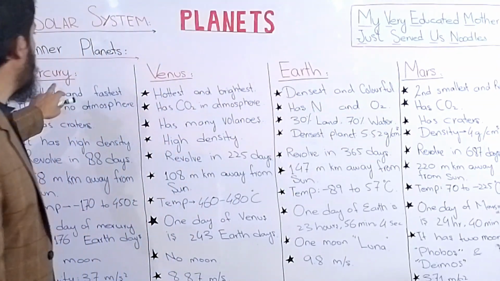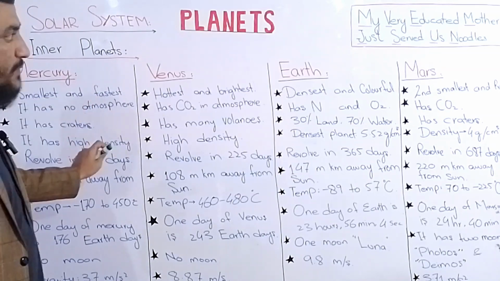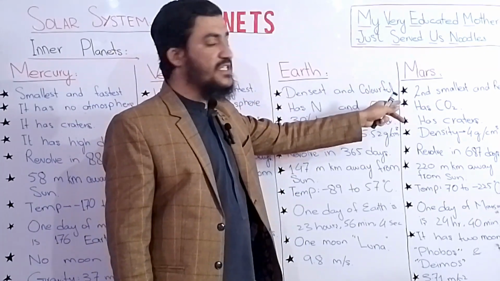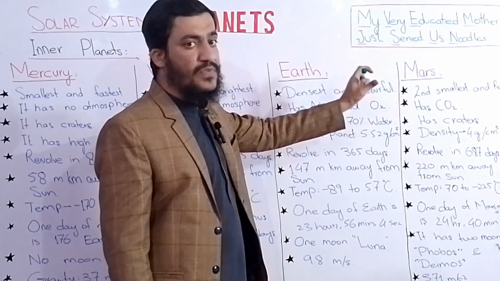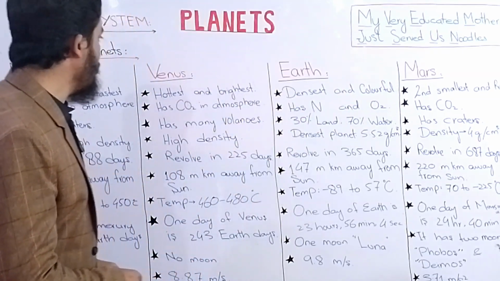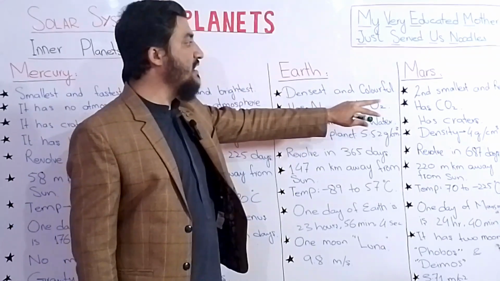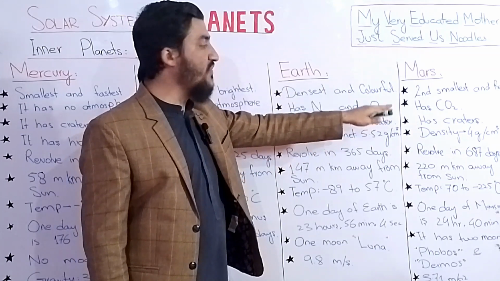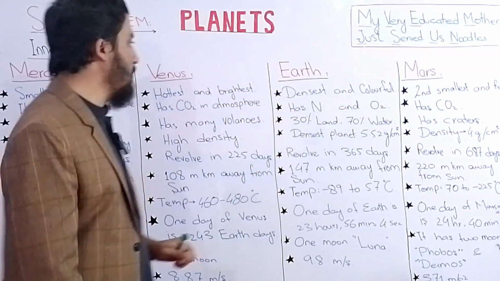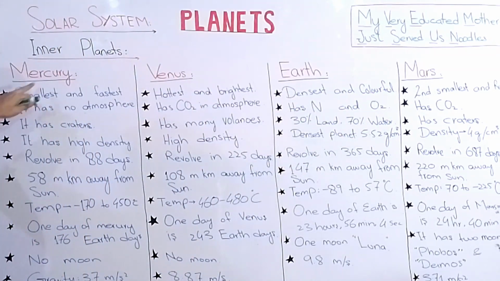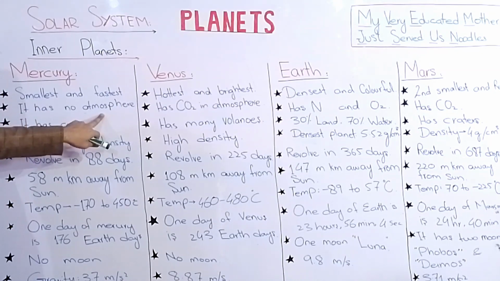As we have said, Mercury is the smallest planet and Mars is the second smallest, also called the red planet, because of the carbon dioxide in its atmosphere, while Mercury has no atmosphere at all.